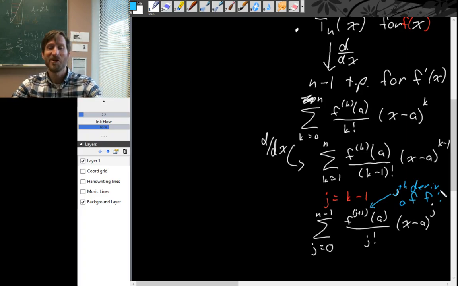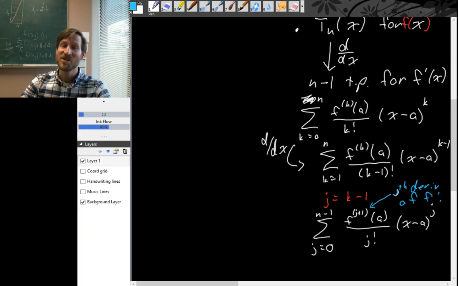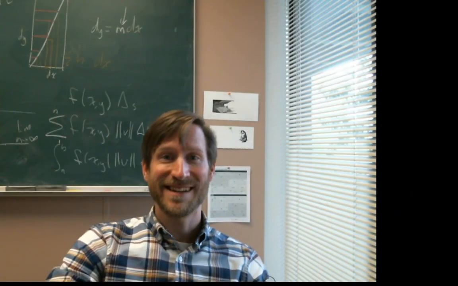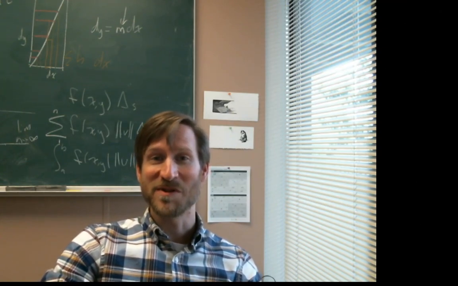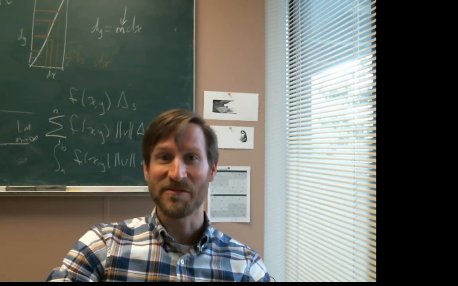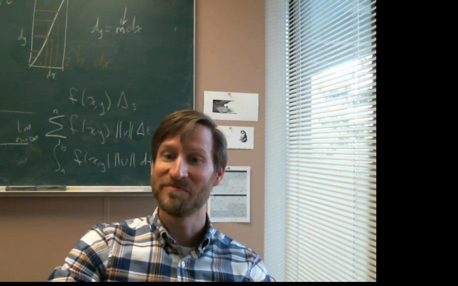All right, so finally we find that if you start with the nth Taylor polynomial of f and you take a derivative, you get the n minus first Taylor polynomial of f prime, which is what we have right here. Okay, with all of those preliminaries out of the way, finally we can attack the problem of how big the error is between the nth Taylor polynomial and f of x, which we will do in the next video.